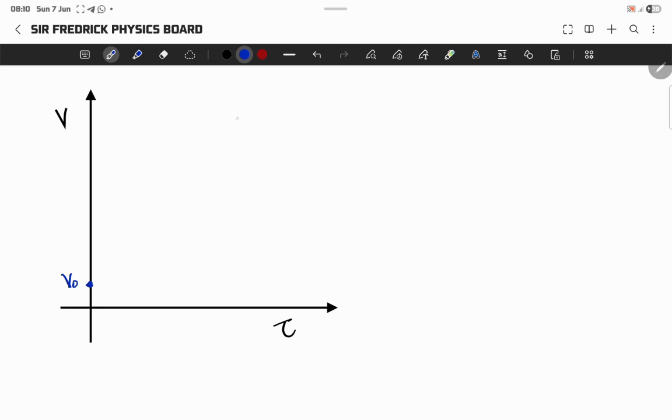Then it accelerates uniformly to that point, which we will label as the final velocity, like that.